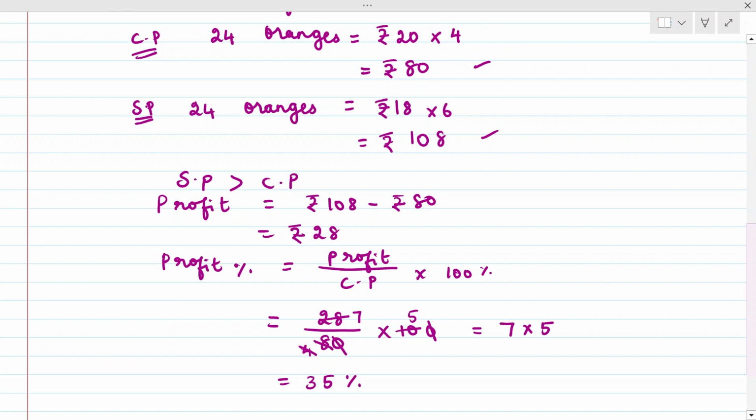So here the clue is we have to make the number of quantities equal. When he buys, he bought 6 oranges, and when he sold, it was 4 oranges. But we have to make it equal. For making it equal, we have to take LCM. Then the number of oranges will be equal. Then we have to compare them.